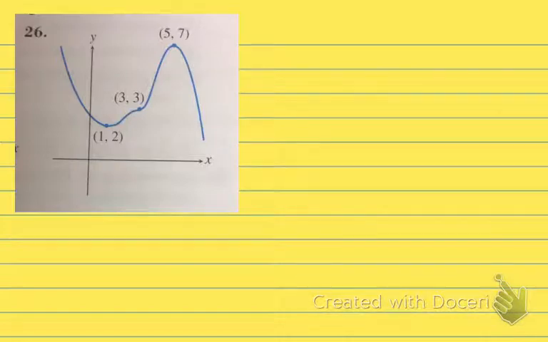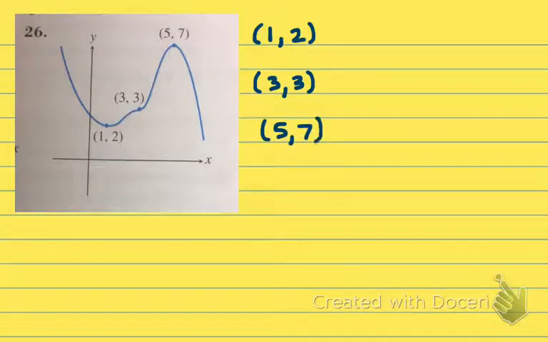So we're going to go in order. So (1, 2), and then we'll have the point (3, 3), and then the point (5, 7). And then remember that a minimum or a local minimum occurs where the graph goes from decreasing to increasing at that point.